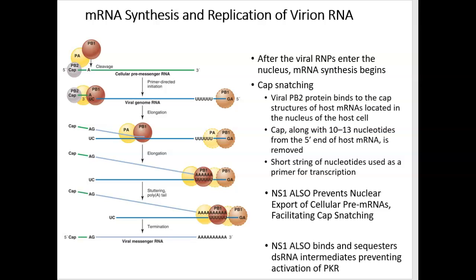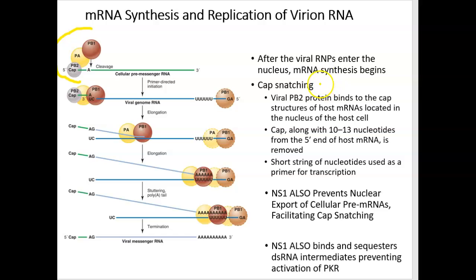So once in the nucleus, you've got to get your polymerase, and your polymerase complex is your PA, PB1, and PB2. And these proteins, they form a complex that's going to allow for the transcription of messenger RNA and also synthesis of the viral genome.